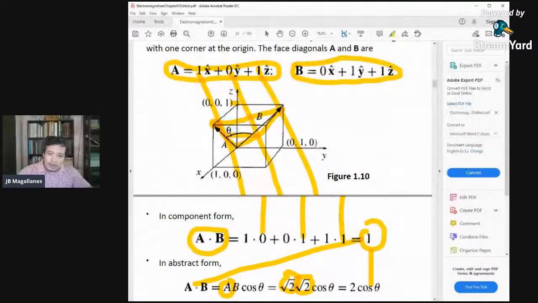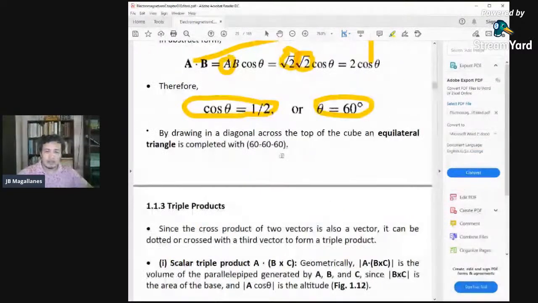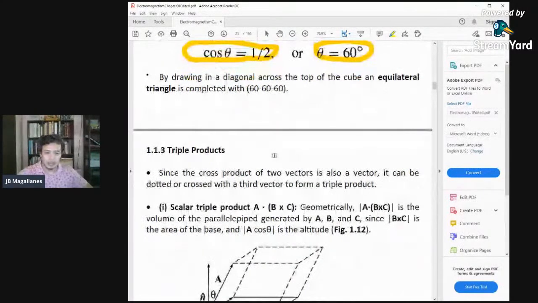So you have the same angle here, and the sum of the interior angles of a triangle is always 180. So if you have 60 here, everything would be 60 because it's an equiangular triangle. Equilateral means equal sides, equiangular means equal angles.